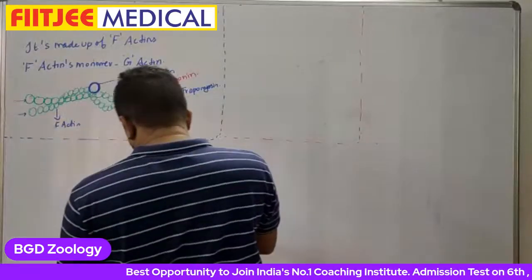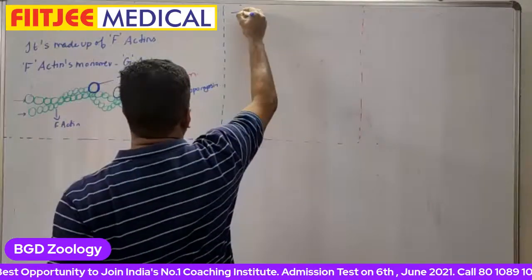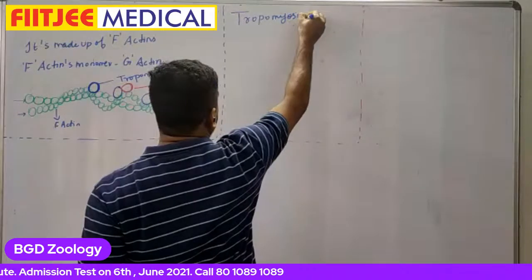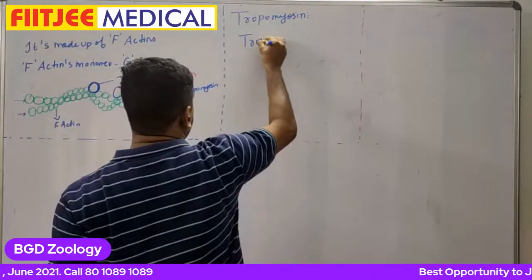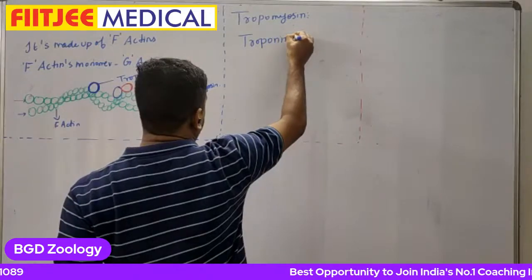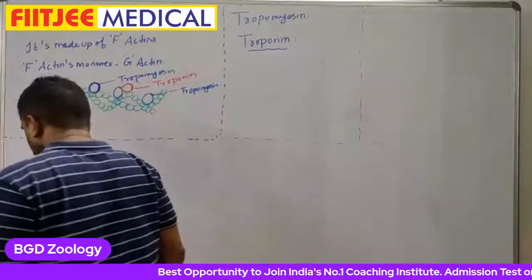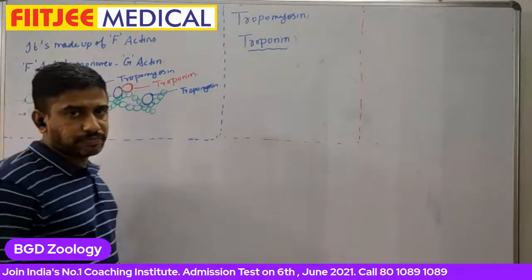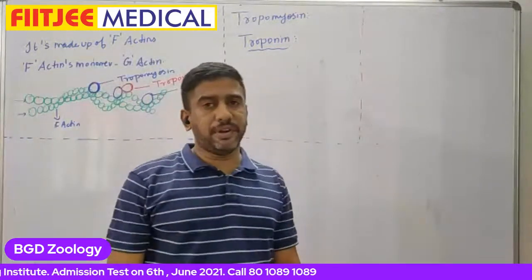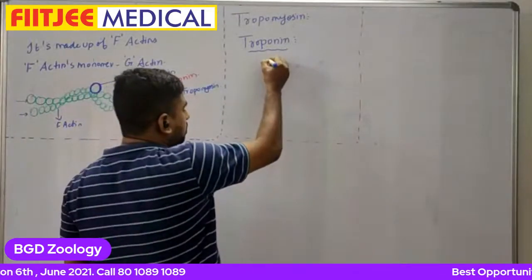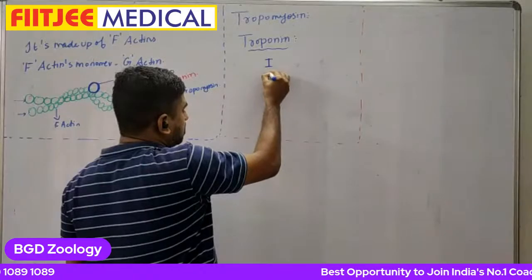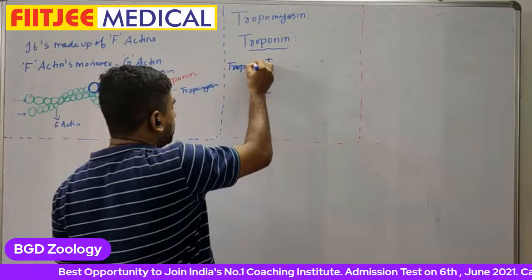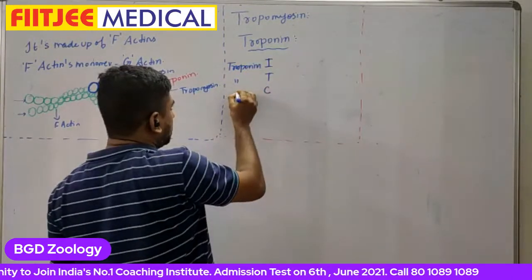In those actin filaments, what things can you see? The first thing is tropomyosin. The second thing is troponin. Troponin contains three different proteins. We call them troponin I, troponin T, and troponin C.